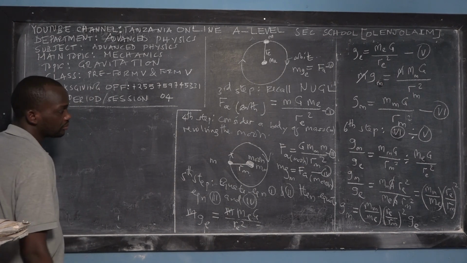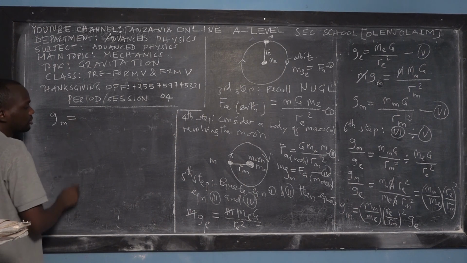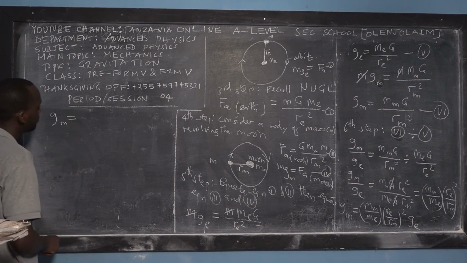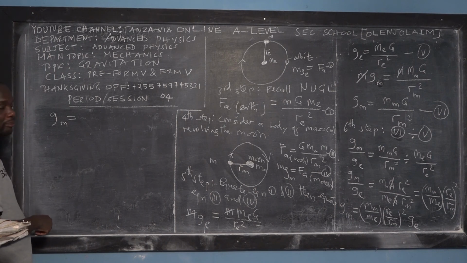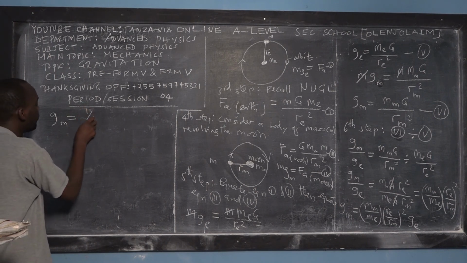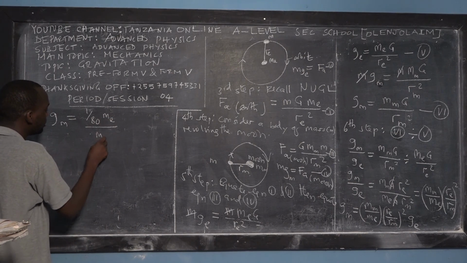Okay? So the acceleration of gravity on the moon surface is equal to the mass of the moon. What was the mass of the moon? The mass of the moon was 1/8 the mass of the Earth, divided by the mass of the Earth.